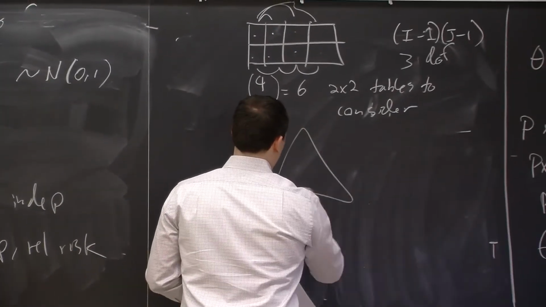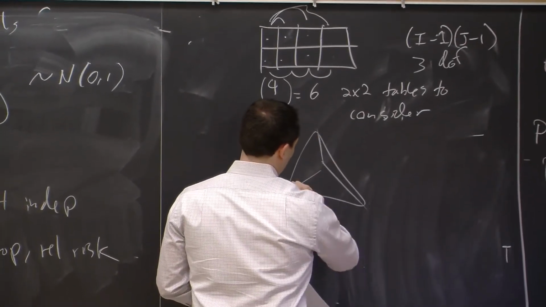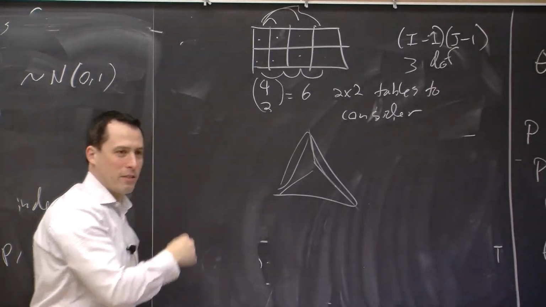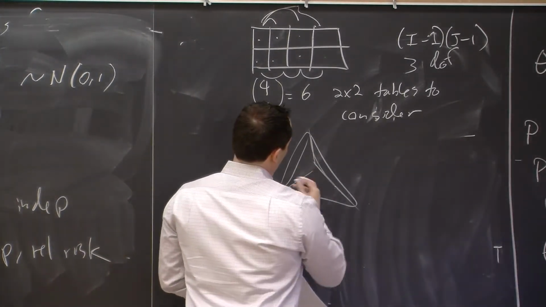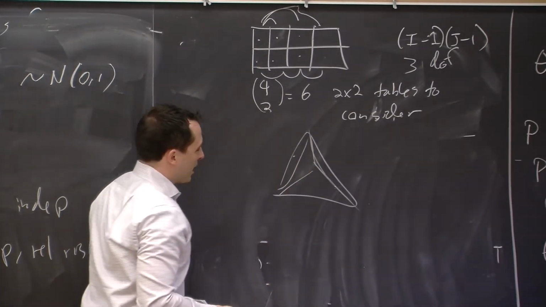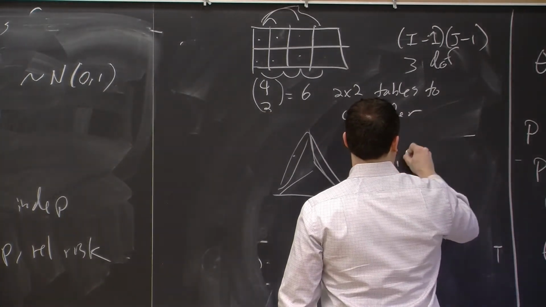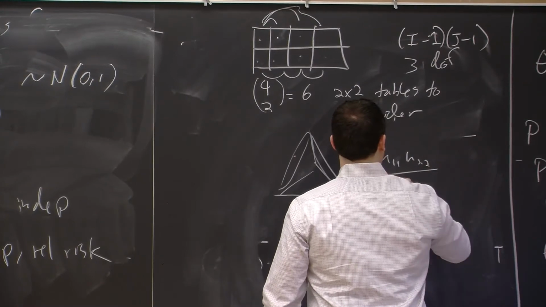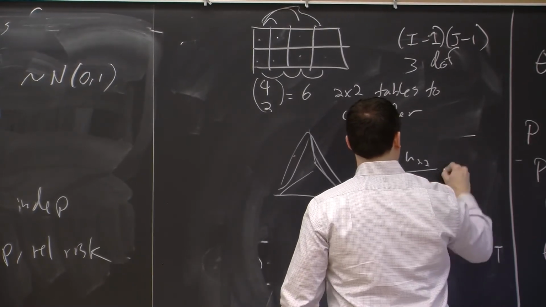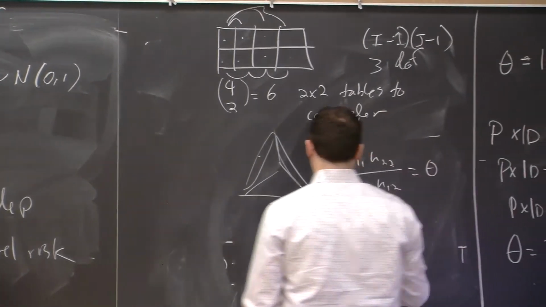One possibly helpful, possibly not helpful way to think about it: in your homework, there was this problem to draw the independent surface. When you have a point that's not on the independent surface, if you think about something like n11 n22 over n21 n12 equals theta.